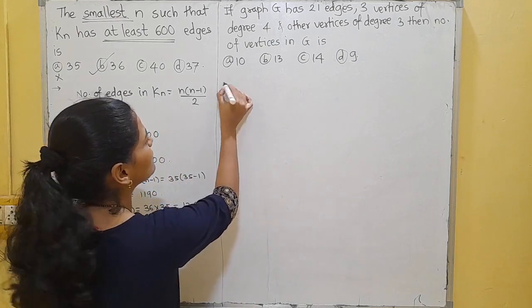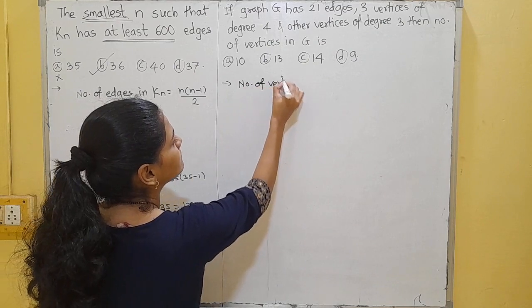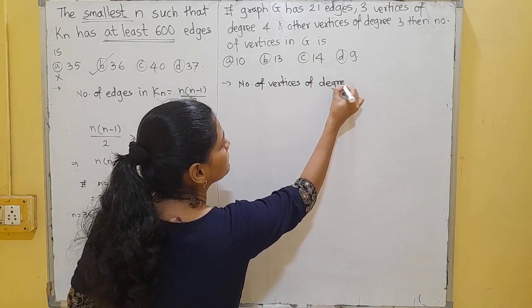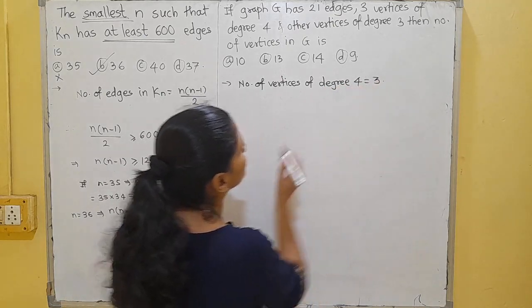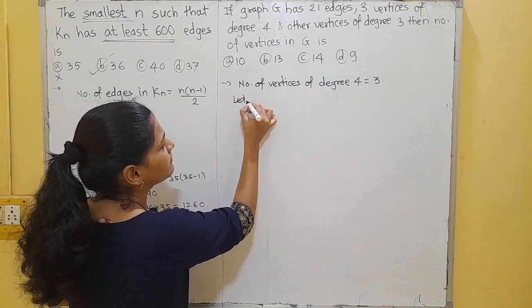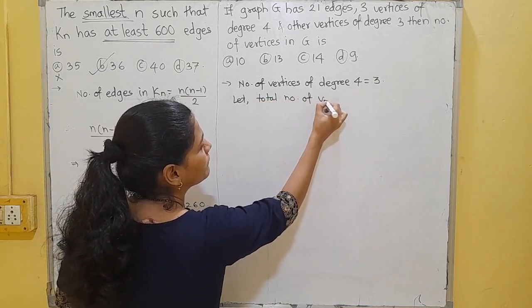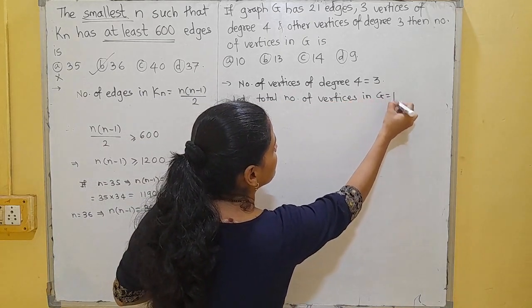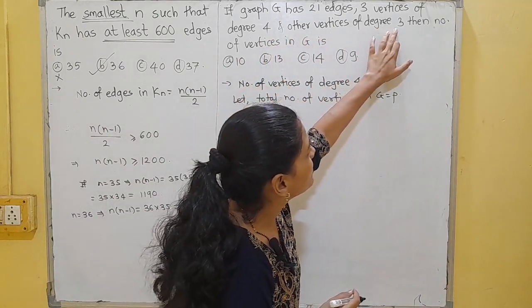So the number of vertices of degree 4 is equal to 3. We will consider the total number of vertices in graph G to be P.